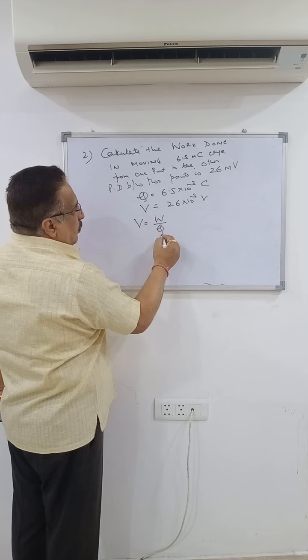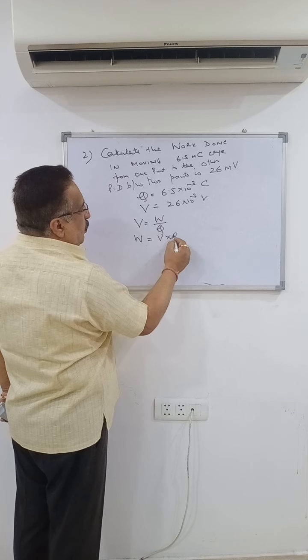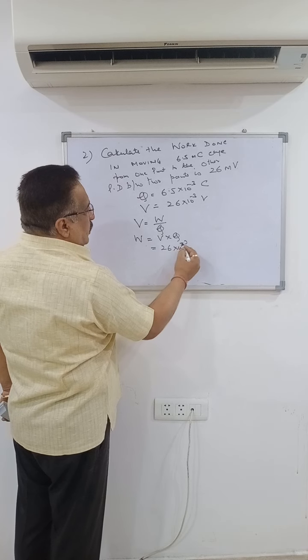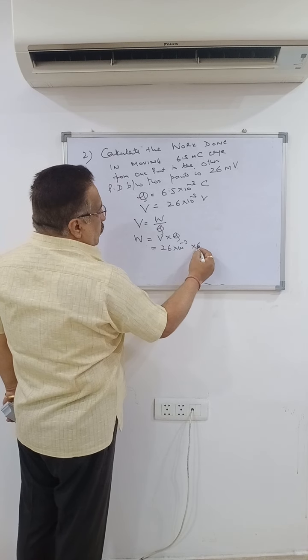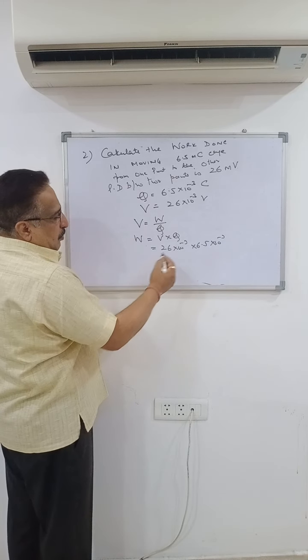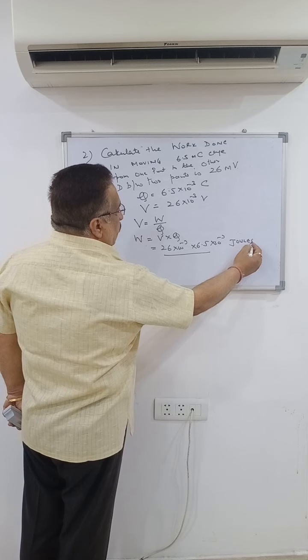W by Q, or W will be equal to V into Q, will be equal to 26 into 10 raised to power minus 3 into 6.5 into 10 raised to power minus 3. Is that clear? Multiply this to get the answer in joules.